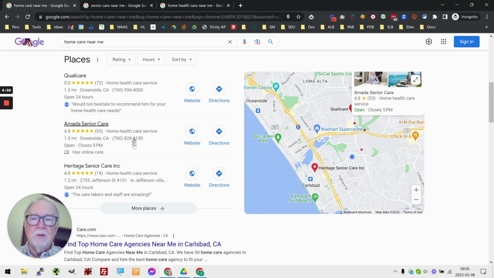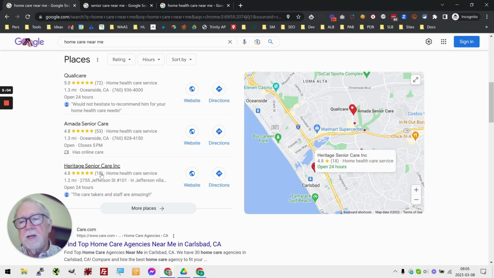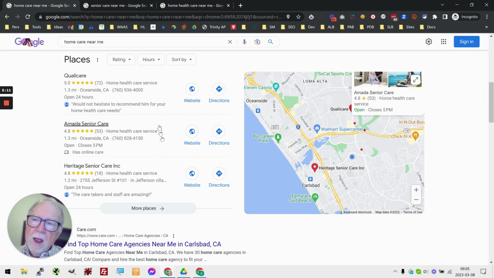And the first two, particularly, have a lot of reviews. Qualicare has 72, Amada has 53, Heritage has 18, which may not seem like a lot, but it still is a fair number. So ranking factors that get you into this local pack include your reviews and your proximity to the searcher and a number of other factors.